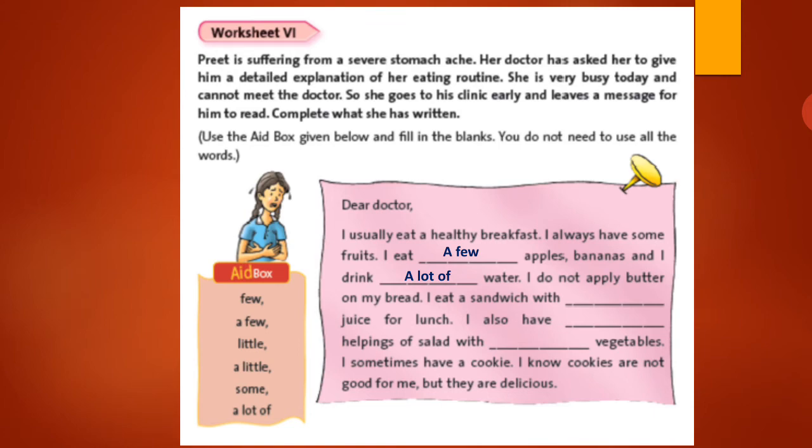Then I do not apply butter on my bread. I eat a sandwich with a little juice for lunch. I also have a few helpings of salad with some vegetables. I sometimes have a cookie. I know cookies are not good for me, but they are delicious.